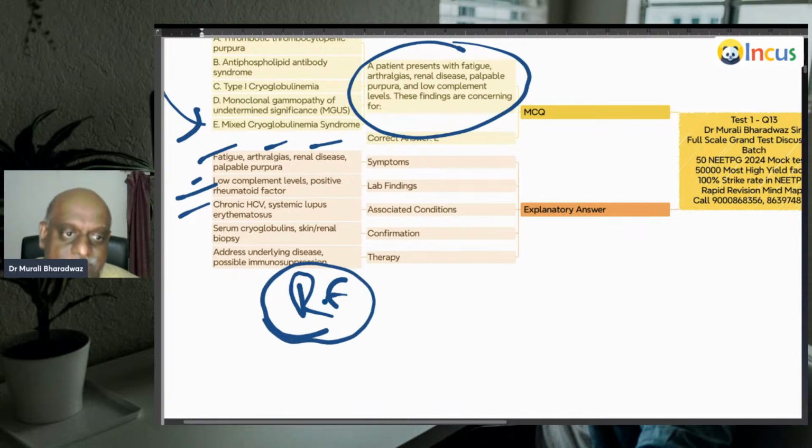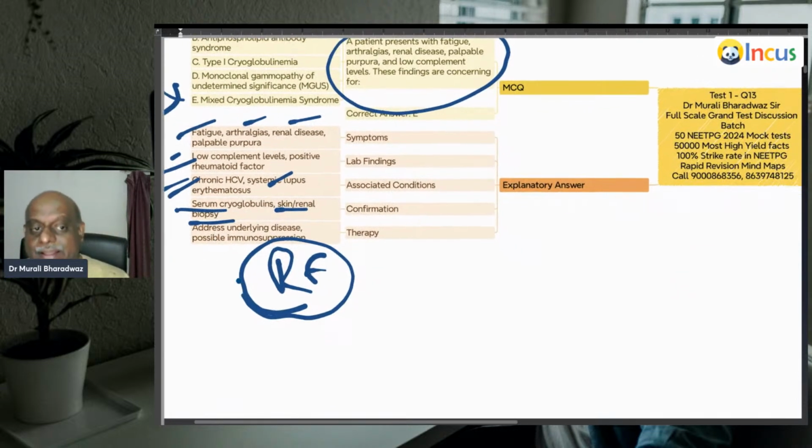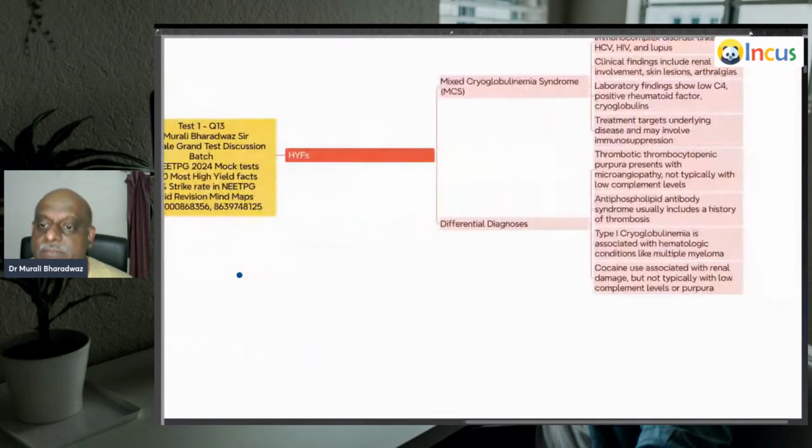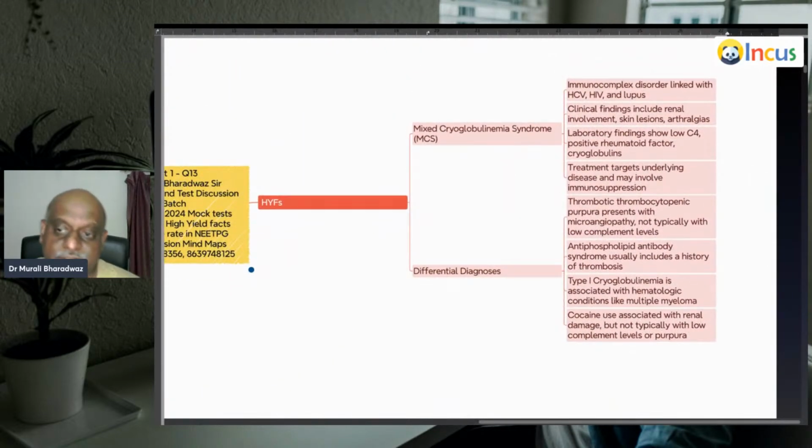Very important: chronic HCV, systemic lupus can be associated. Serum cryoglobulin, skin and renal biopsy. First, underlying causes like HCV and SLE need to be controlled.